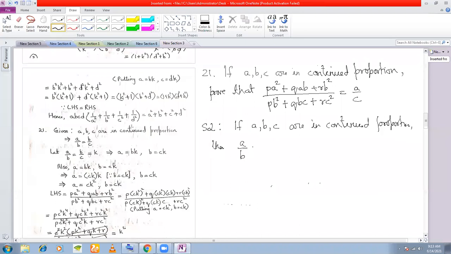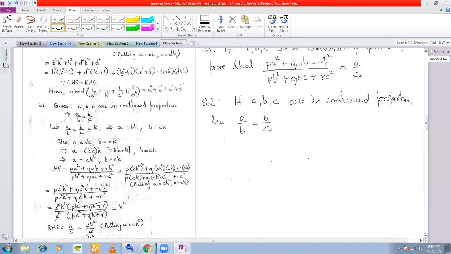A by B must be equal to B by C, right? So now again, similarly, we write let A by B is equal to B by C equal to K. That means from here you get A is equal to BK and you get B is equal to CK, just as earlier.